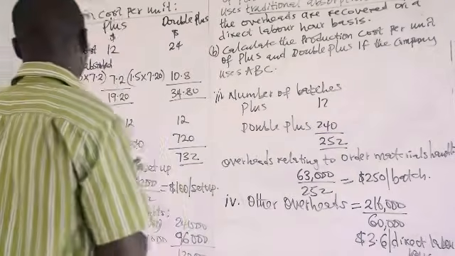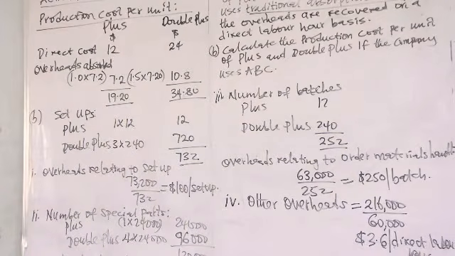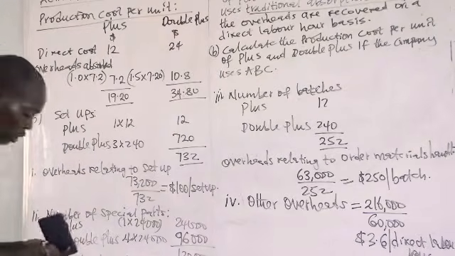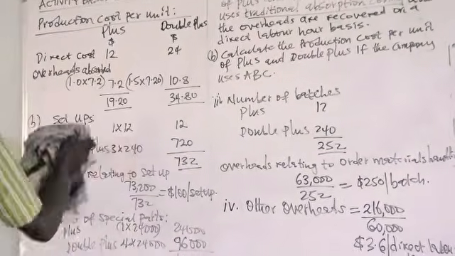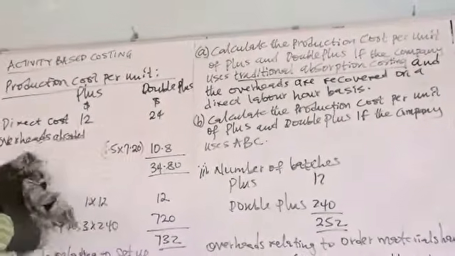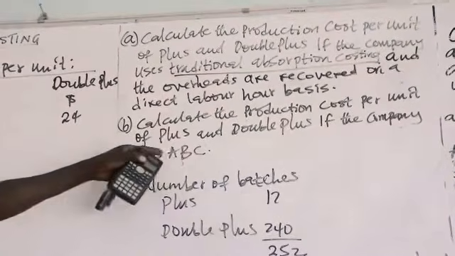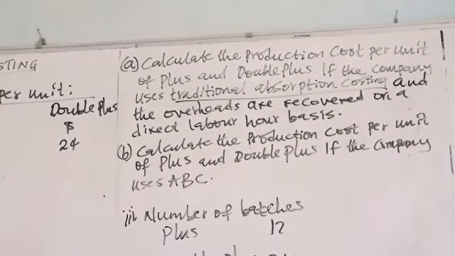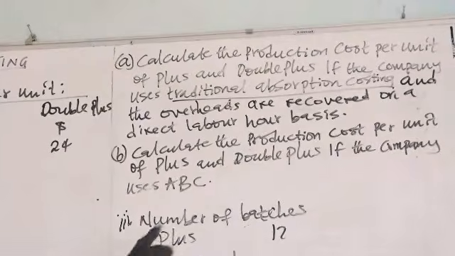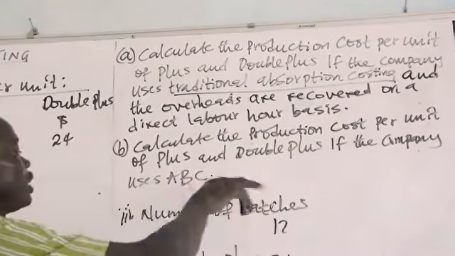Back to the requirement of the question. You are to calculate the production cost per unit of plus and double plus if the company uses ABC.